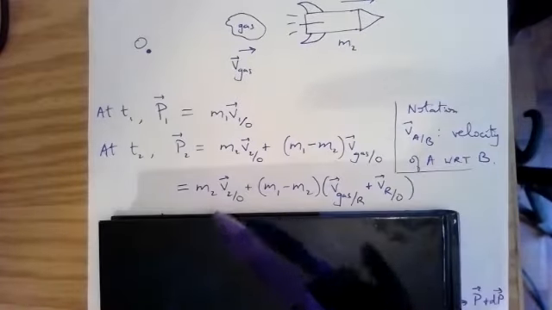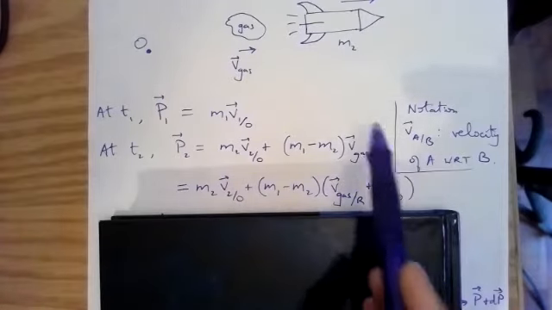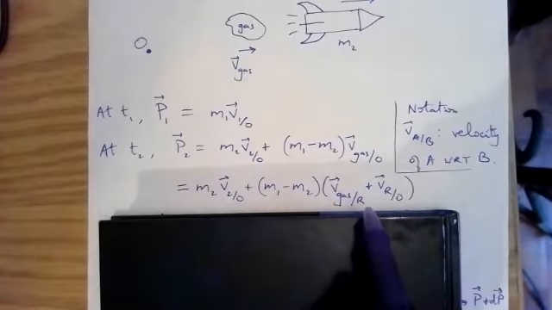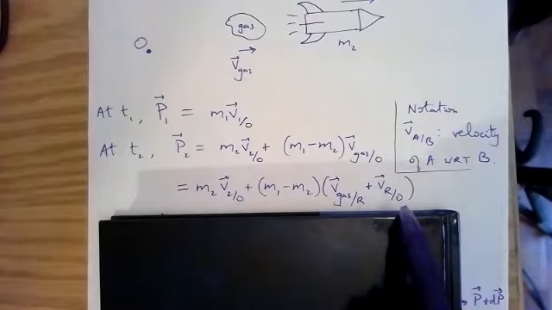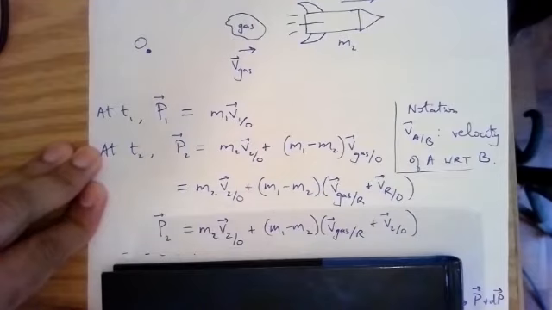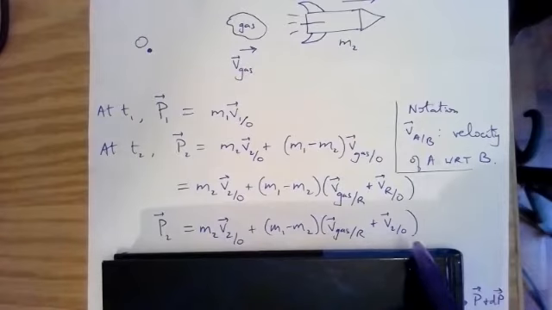Using the relation between various relative velocities, we can rewrite velocity of the gas with respect to observer O as velocity of the gas with respect to the rocket plus velocity of the rocket with respect to the observer. But the velocity of the rocket with respect to the observer is now just v2 slash O.